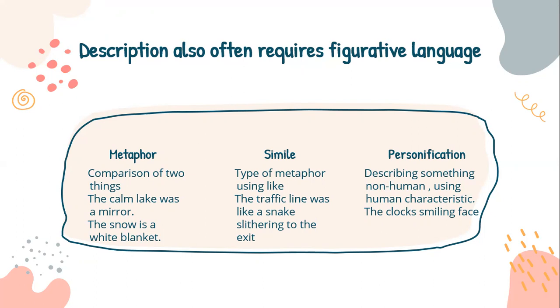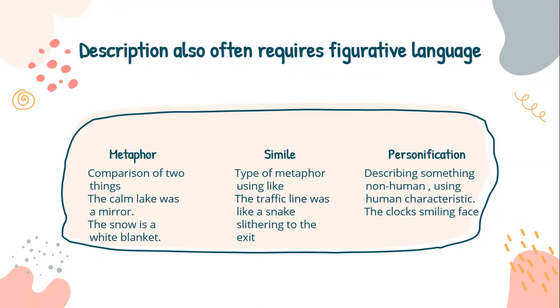All right. Now we talk about simile. Simile is a kind of metaphor, but you have to use the word like. So, the traffic line was like a snake slithering to the exit.